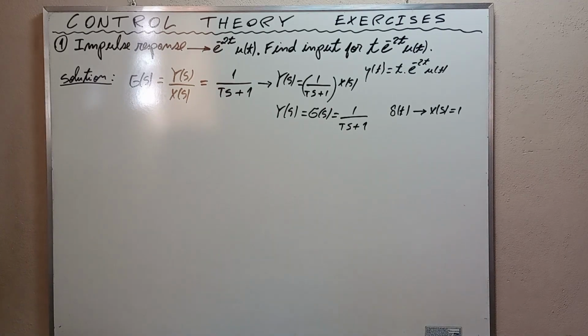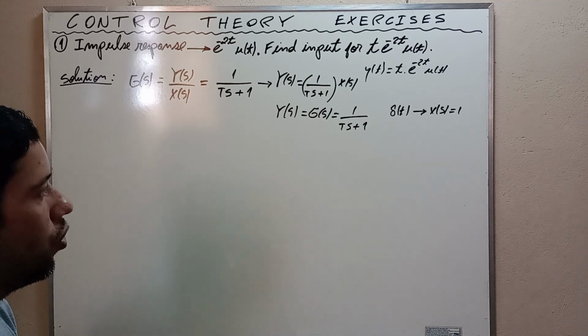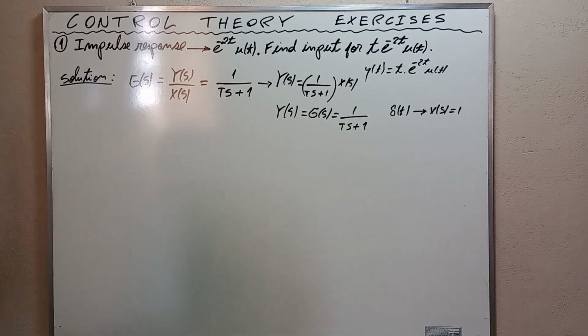Therefore, when the input is the impulse, we have that the output in the frequency domain is equal to the transfer function. Alright, my friends, this is the first conclusion, and this is very important to understand and find the solution of this exercise.